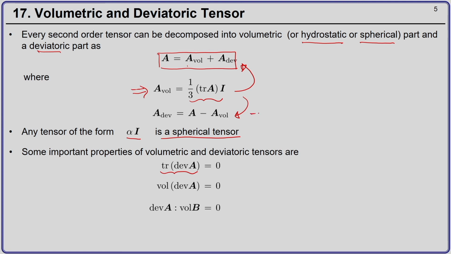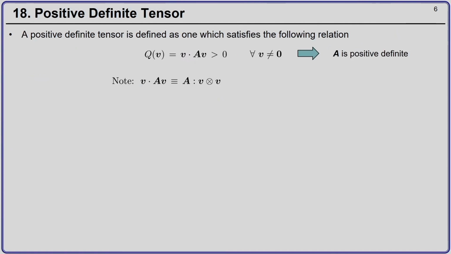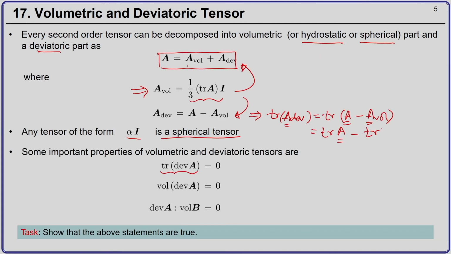This we can prove. We can start from the expression. If we take the trace of the deviatoric part of A, trace of A deviatoric, it will be trace of A minus A volumetric, which is nothing but trace of A minus trace of A volumetric, where the volumetric part is 1 by 3 trace of A into I. Now, 1 by 3 and trace of A are scalar quantities, so they can be taken out.